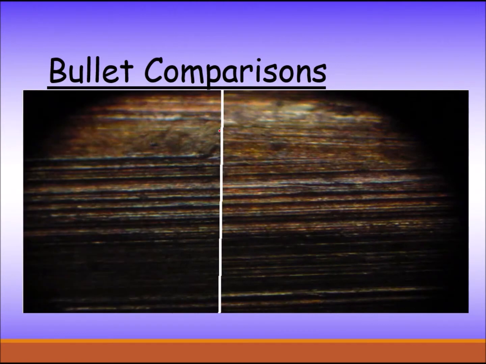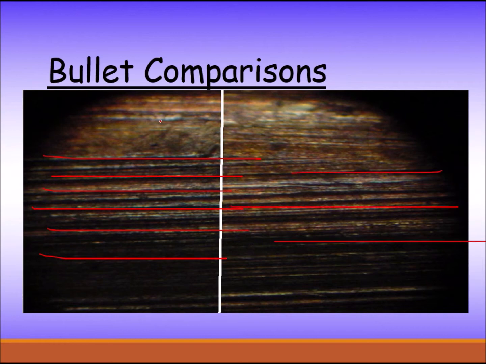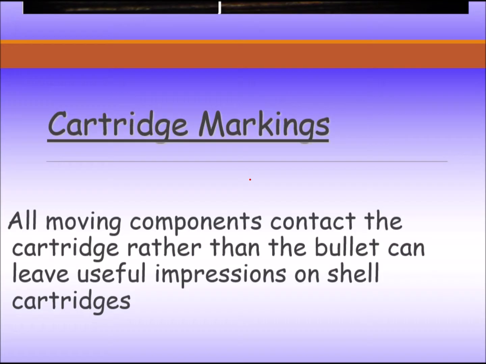These markings are in the form of like this. So these are the different markings on the bullet surface. We can compare, this is the crime bullet and this is the suspect bullet in the comparison microscope. We can identify these markings based on the characteristics, whether they are related to any particular gun or any particular make or type of weapon.